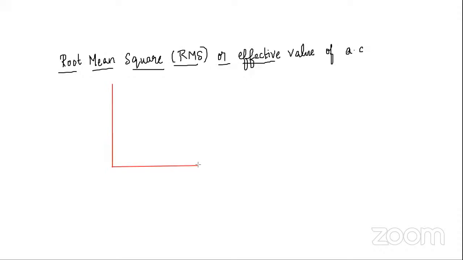So here you see, this is the graph. Here, for example, I am having current on the y-axis and time along the x-axis. Let us consider this is the wave, a sine wave.